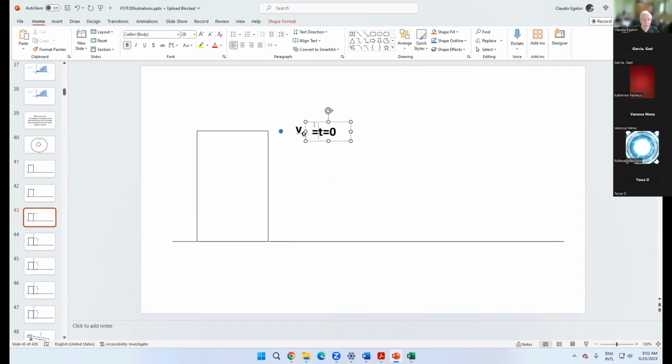That's what releasing from the top means. And this instant of time corresponds to t equal to 0.